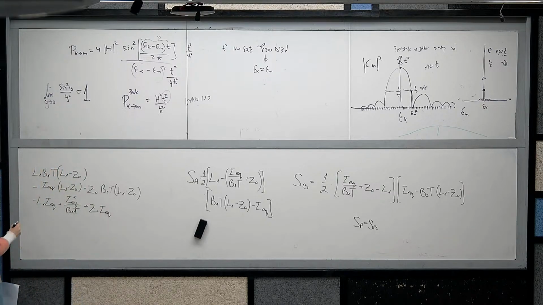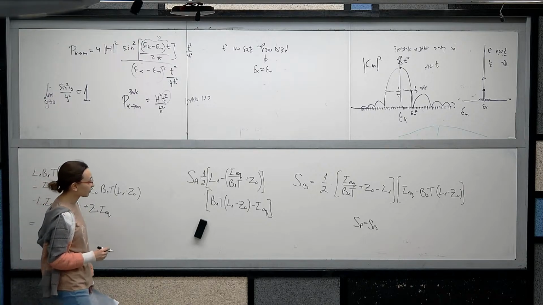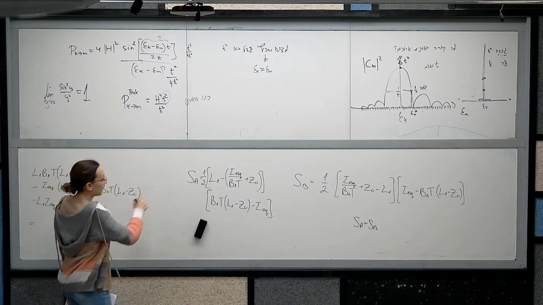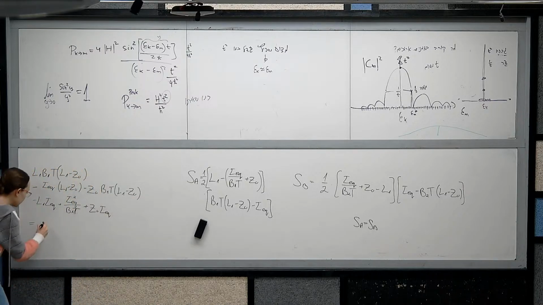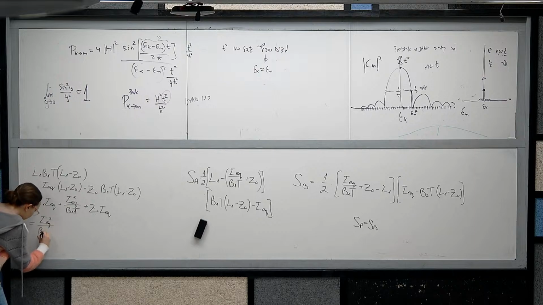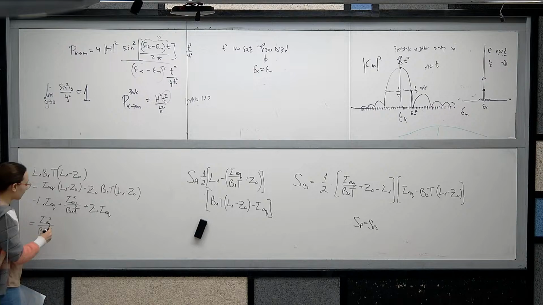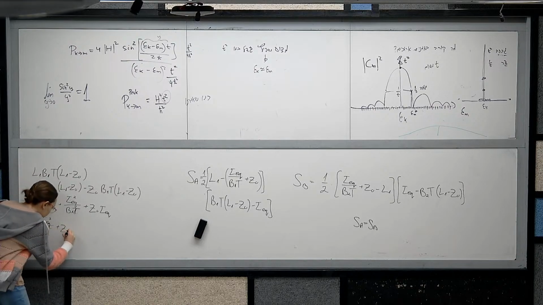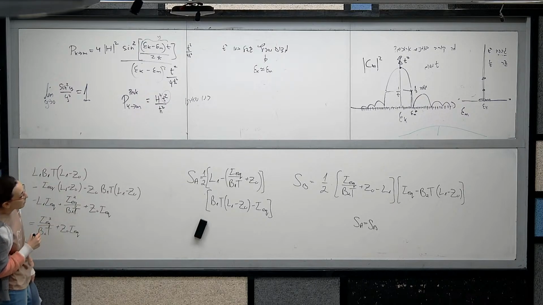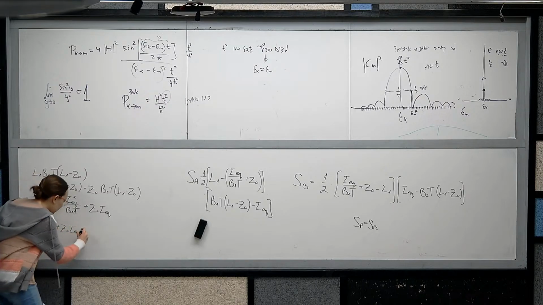Okay, and for phase B, it equals almost the same. So we have tau equilibrium squared divided by B2T plus Z0 tau equilibrium. What we have there, minus L1 tau equilibrium.